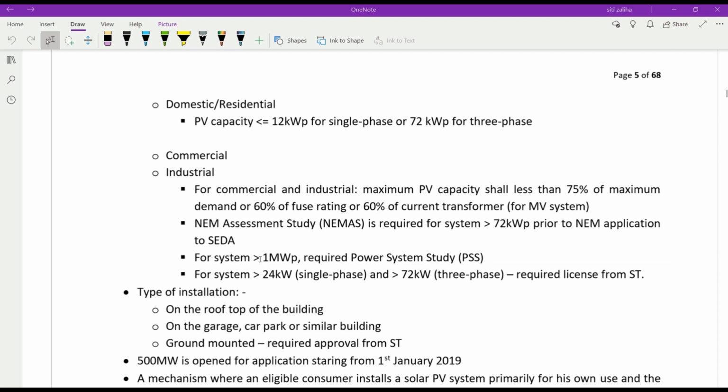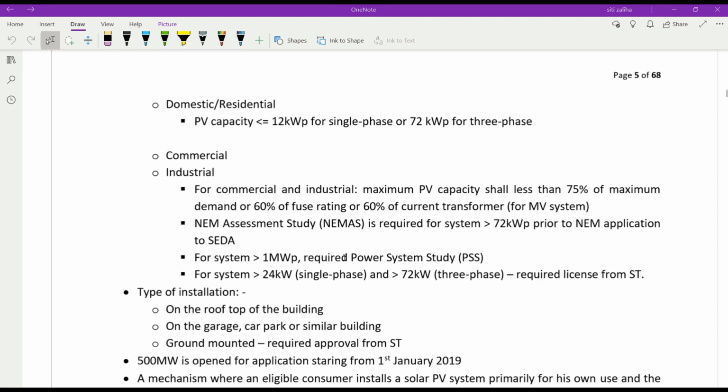For systems greater than 1 megawatt peak, it requires a PSS, which is a power system study. And for systems larger than 24 kilowatt for single phase and greater than 72 kilowatt for 3 phase, a license is required from Suruhanjaya Tenaga or Energy Commission.